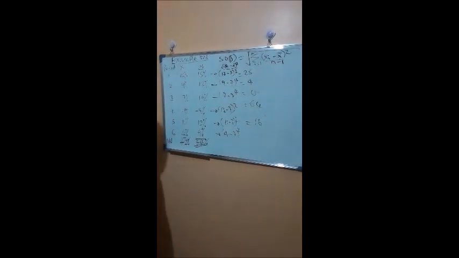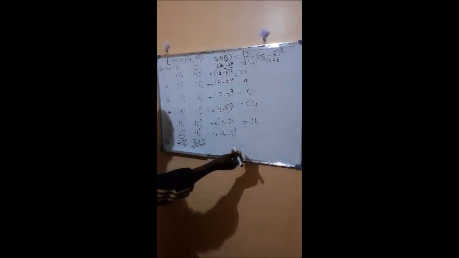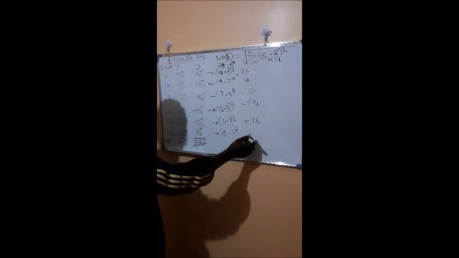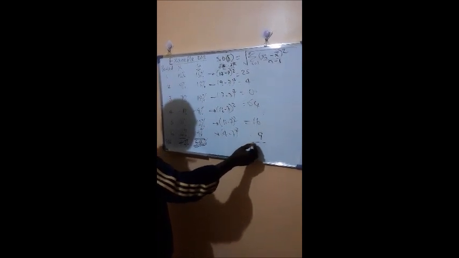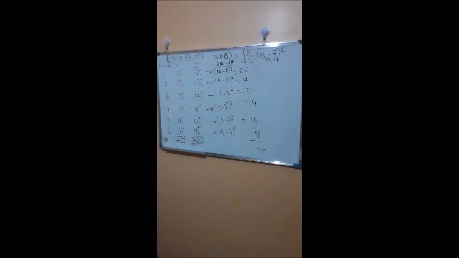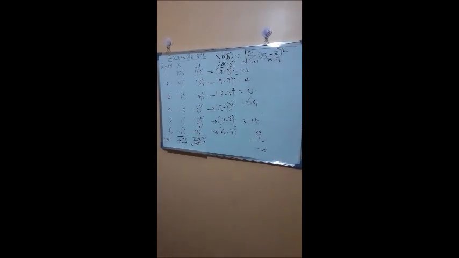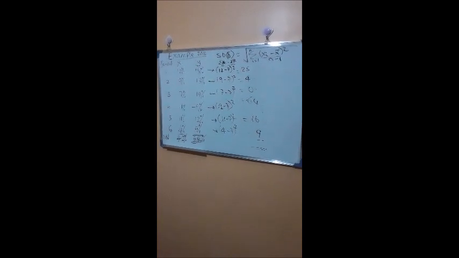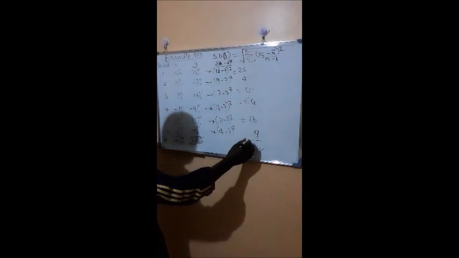And last, for period 6, 4 minus 7, 3 squared is 9. So you get the total of Xi minus X bar squared from period 1 to period 6. The sum is 118.